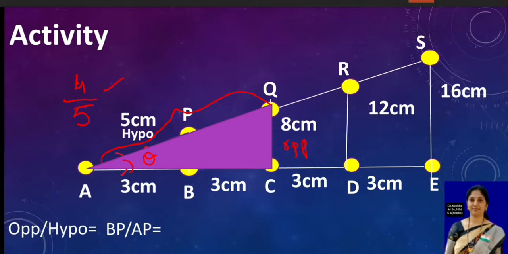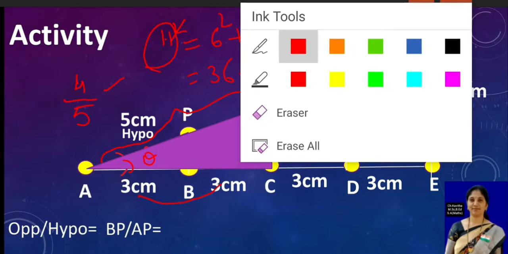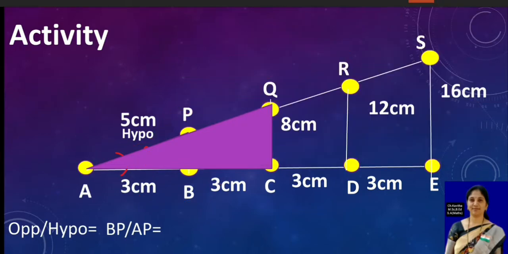Hypotenuse square is equal to, one side 3 plus 3, we have 6 square, plus 8 square. So 6 square is 36 and 8 square is 64. Then we get 100 here. So 100 is nothing but 10 square. So square and square cancel, the hypotenuse value is 10 here.